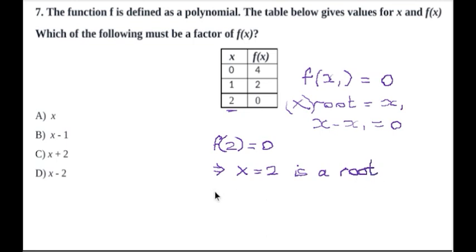And also we can say that x minus 2 is equal to 0, and x minus 2 is a factor. So we have a result over here, and our answer will be D.